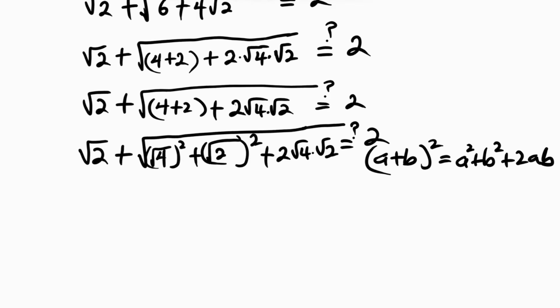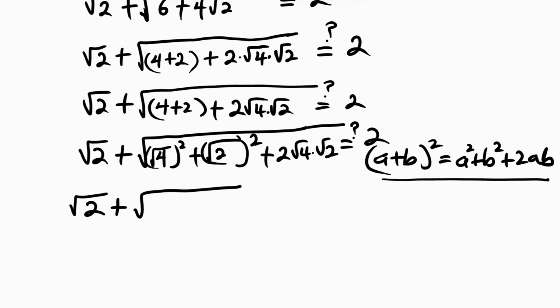So what we have in the big square root is now in this format. So at the end of the day, this becomes the square root of root of 4 plus root of 2 all squared.